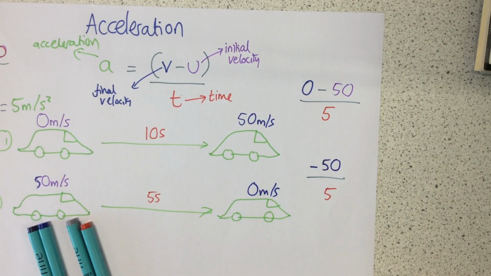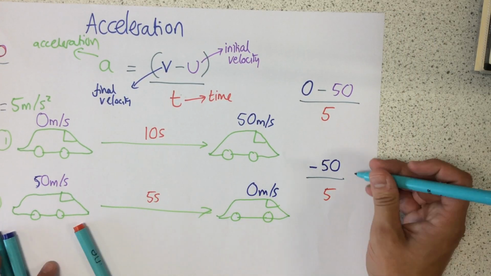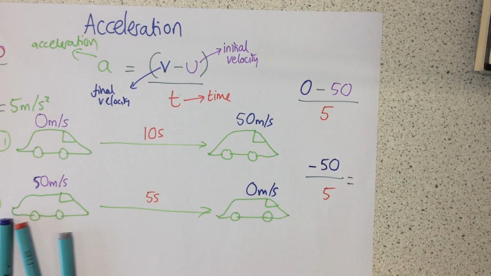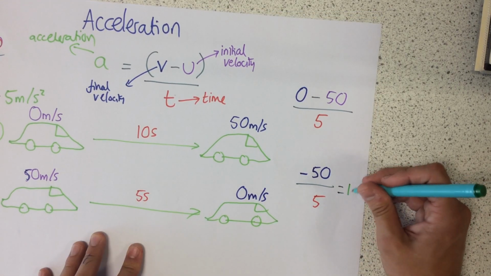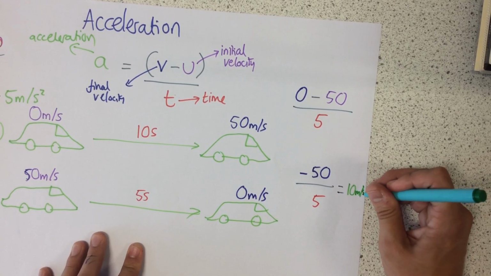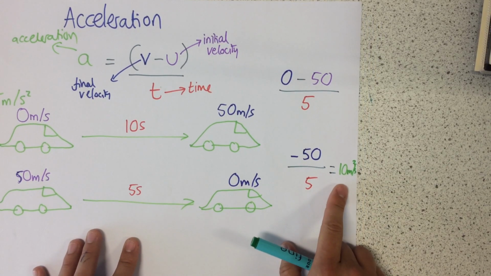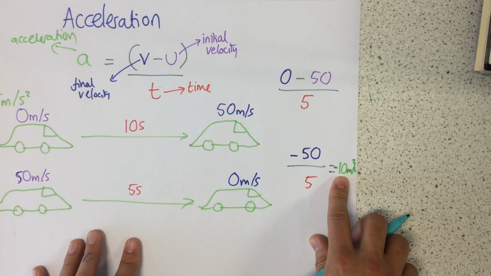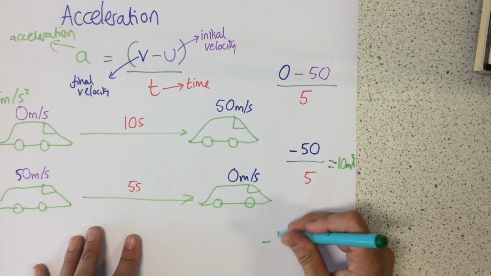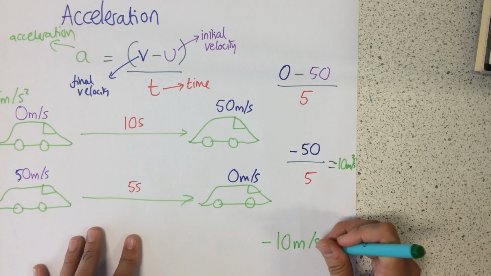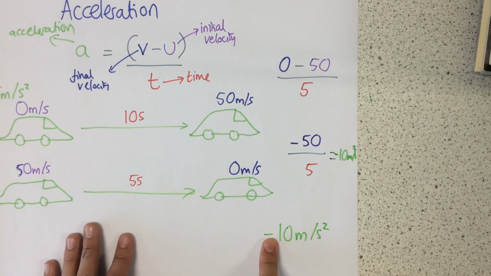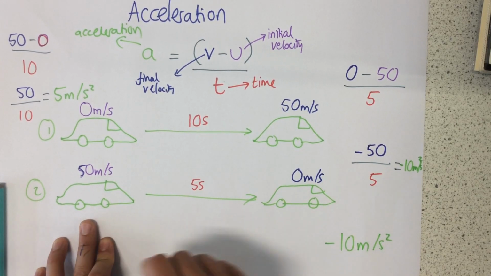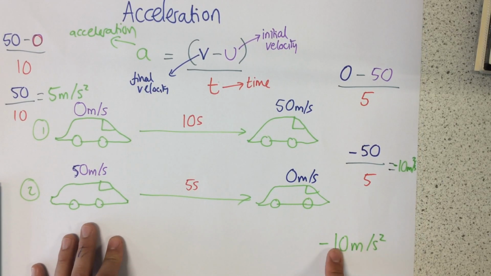So minus 50 divided by 5 gives us our acceleration, which is minus 10 meters per second squared. Now we can notice if we have a minus acceleration like this, it shows us that our object has slowed down.